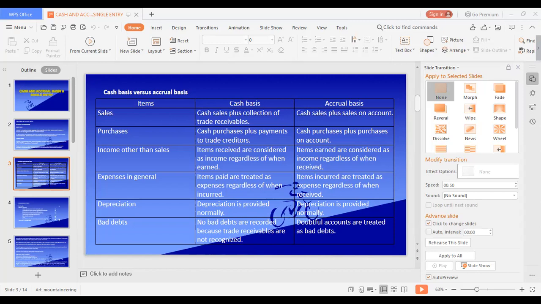Next, 14.7, what total amount of cash was received from rental in the current year? 14.7, the rental income under the accrual basis is given at 600,000. Now remember, under the accrual basis. The problem is asking for the total amount of cash received from rental, meaning the rental income under the cash basis.